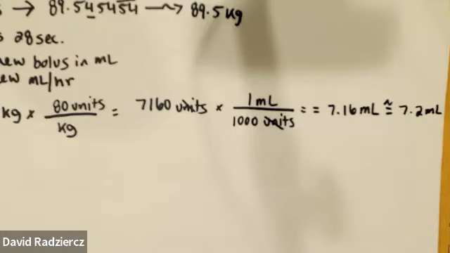Then I multiply by 80, then divide by 1,000. I will say it does change the answer a little bit. Oh, no, it doesn't. I still get 7.16, so I would still round that answer to 7.2. Whether you rounded it or not, you came up with the same answer. So if you want to wait and round at the very end, that's fine.